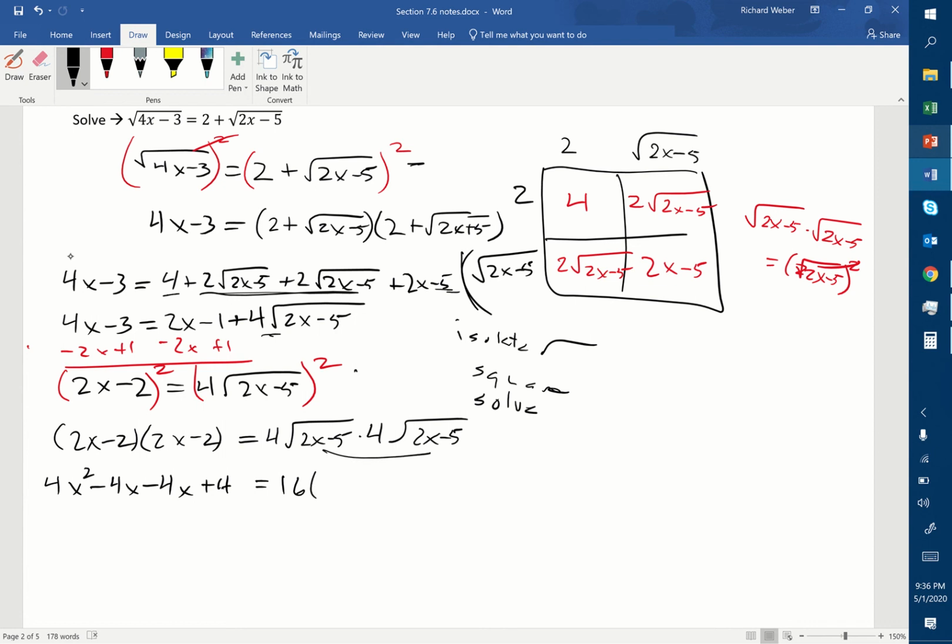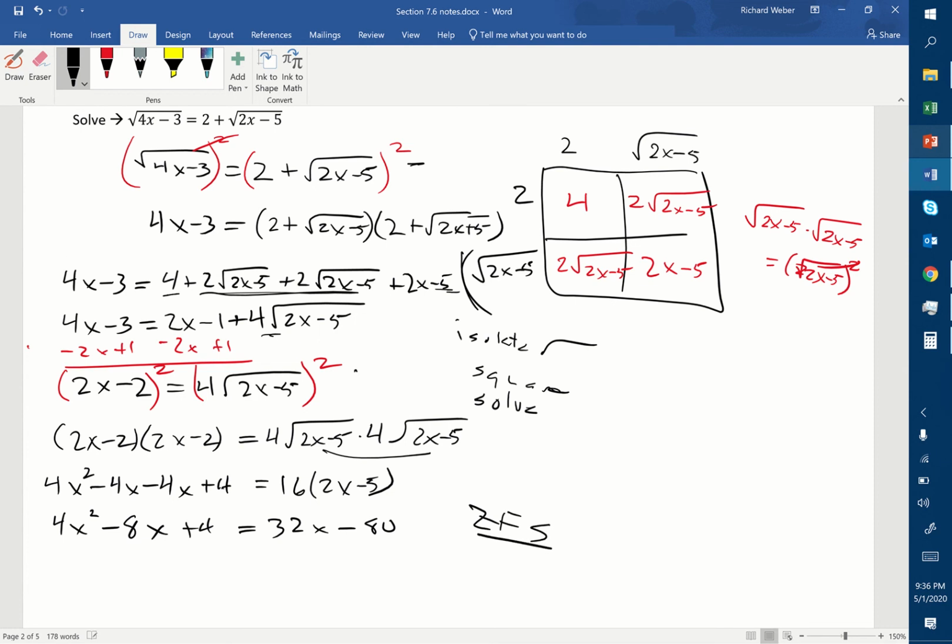We're doing it again. 2x minus 5 without the radical. And I think we have another quadratic equation. I've got 4x squared minus 8x plus 4 equals, watch out, 32x minus 80.